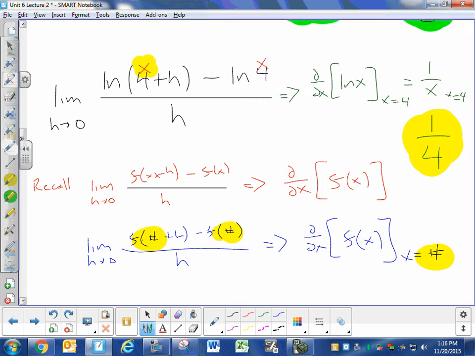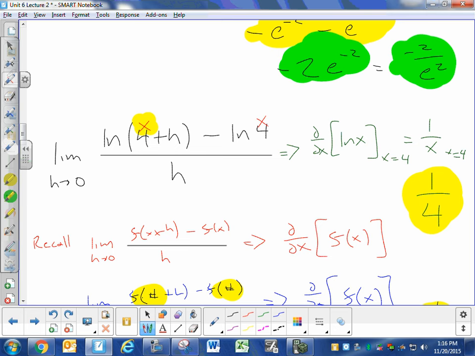If you think about it graphically, we have the log function at 4 plus h. Well, here's the log function. At 4, let's say it's right there. At 4 plus h, it's right here. This is like a plus h. Minus the log of 4 right there, divided by h.